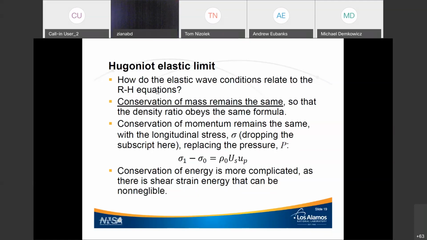Okay, if we have a material and we drive a uniaxial strain elastic wave into the material that has a significant stress but is below the yield stress of the material, so that the material doesn't yield, it's not on the yield surface, then we have a situation that's a little bit like our uniaxial strain longitudinal wave that we talked about last week.